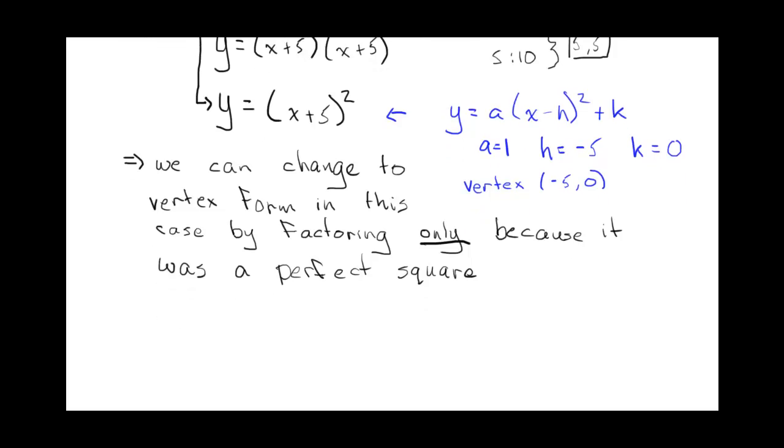So let's try one that's not a perfect square. Let's say we had something like y equals x squared plus 6x plus, actually, let's not say 10. Let's say 8. So this one is factorable, right? Let's try factoring. So y equals (x plus 4)(x plus 2), the numbers that multiply to 8 and add to 6, 4 and 2.